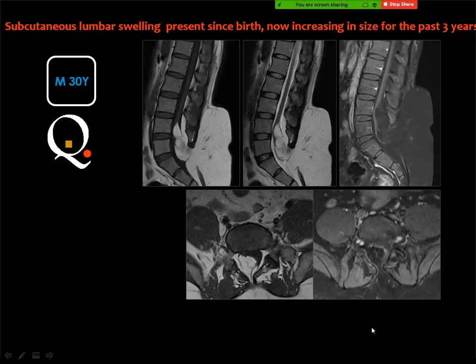Now we have two lesions here, which will show fat related to spinal dysraphism. We have the lipomeningomyelocele and the lipomyelocele. Then which one of the two do you think?